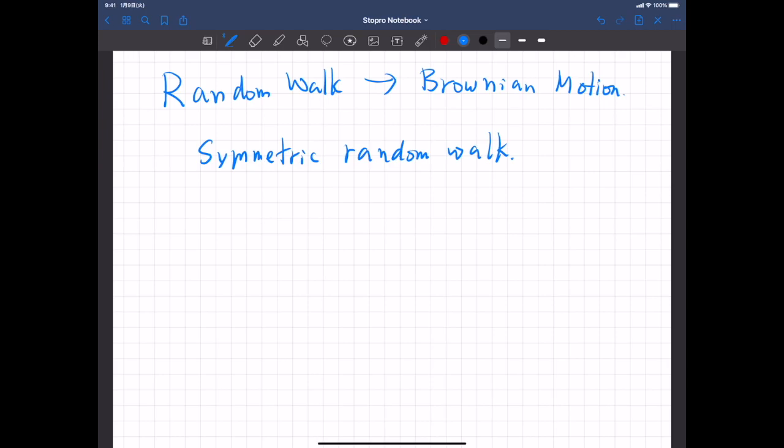For example, first, time step. This is not just integers like 0, 1, 2, and so on, but it is measured in some small unit of time. We call it epsilon. So t can be 0, epsilon, 2 epsilon, so integer multiples of epsilon, and so on.